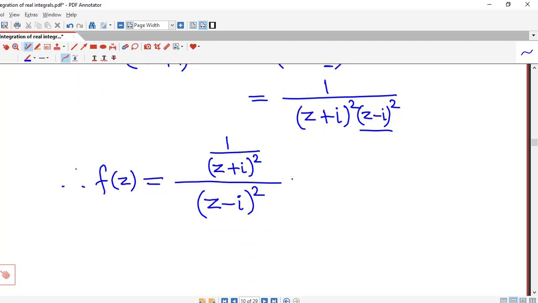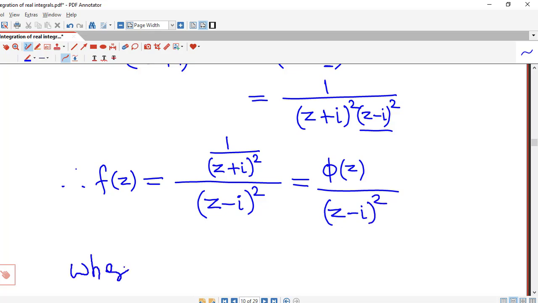So this is equal to phi of z over (z minus i) whole square, where phi of z is 1 over (z plus i) whole square.